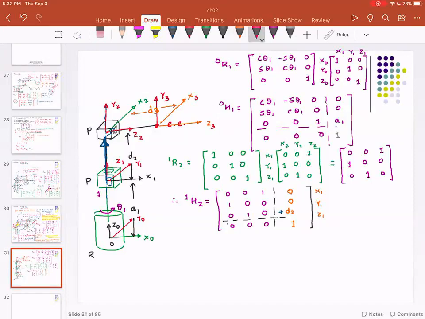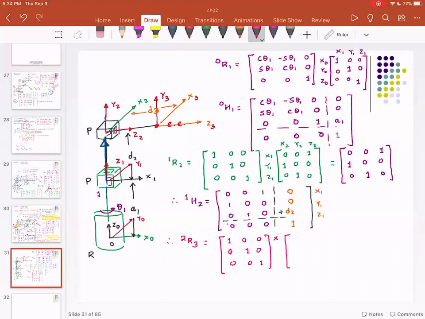Next thing is 2r3. Now if you look at 2r3, it's again a prismatic joint, 0 0 1 0 1 0 0 0 1. But let's not forget the projections.